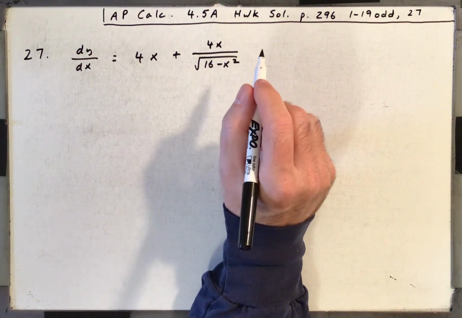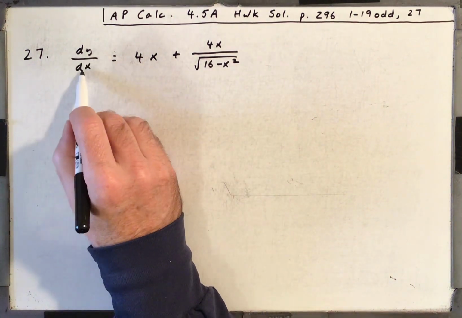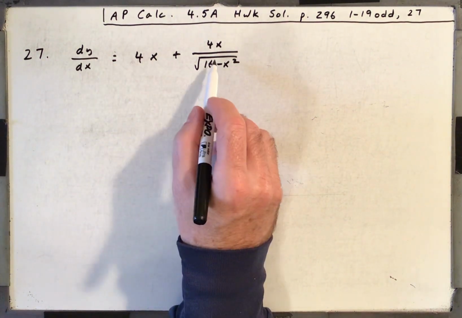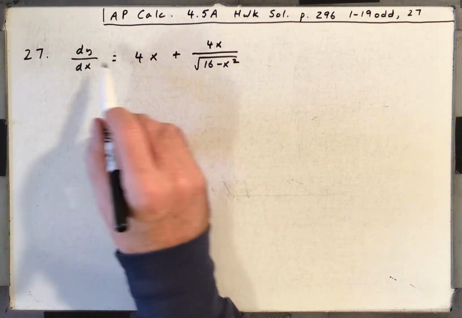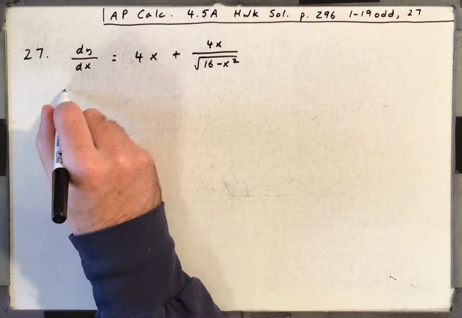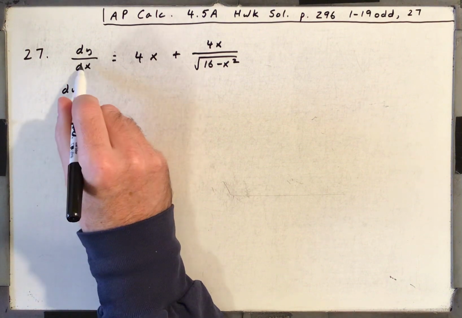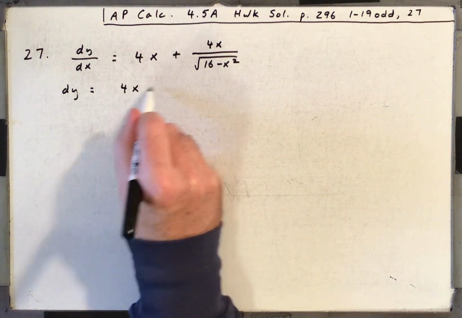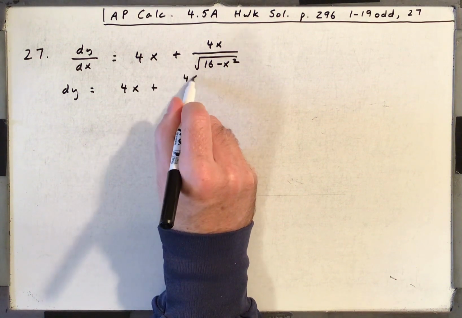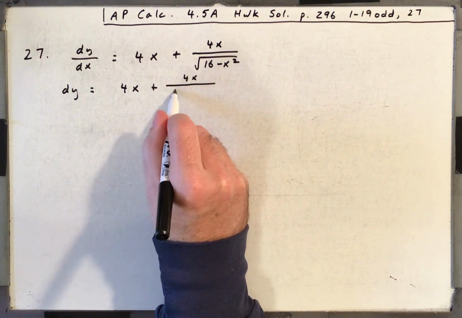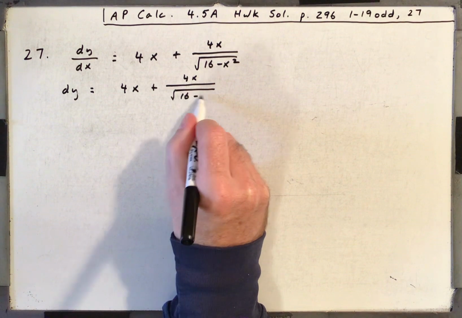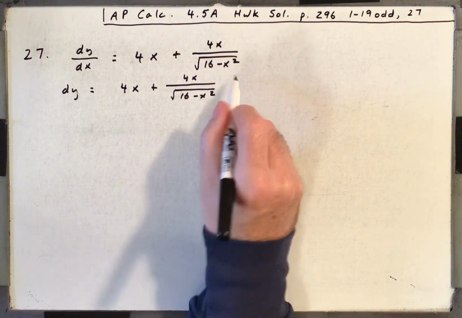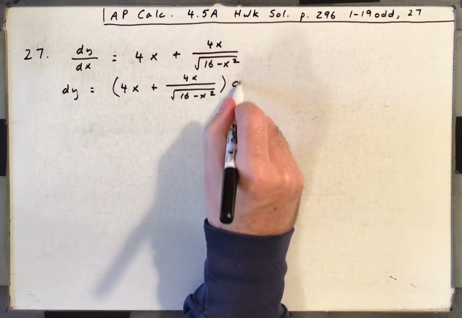Okay. So solving the differential equation just means I need to get an equation of y equals something. So first of all, let's separate the variables by multiplying both sides by dx. And then that's all going to be multiplied by dx.